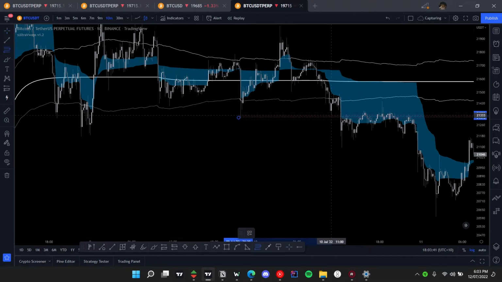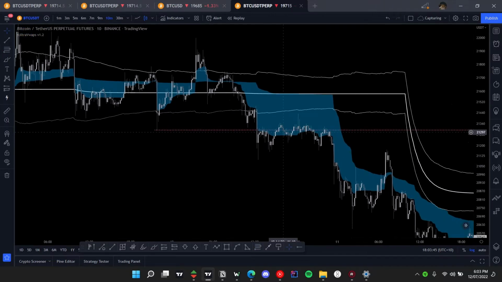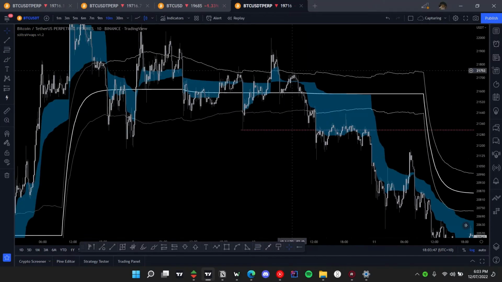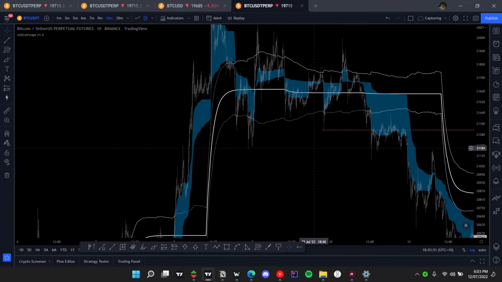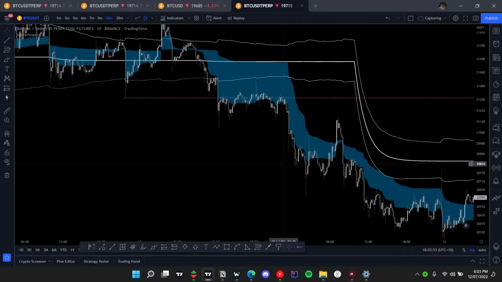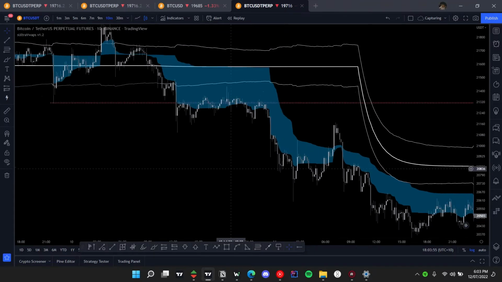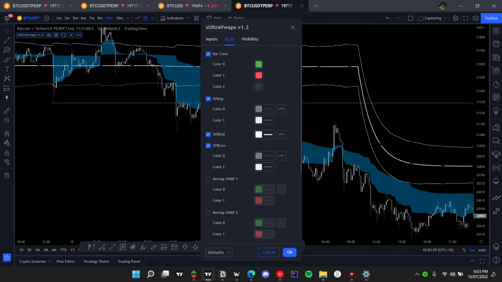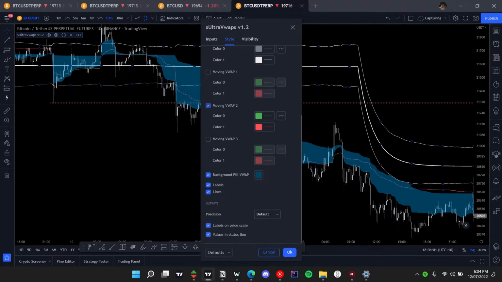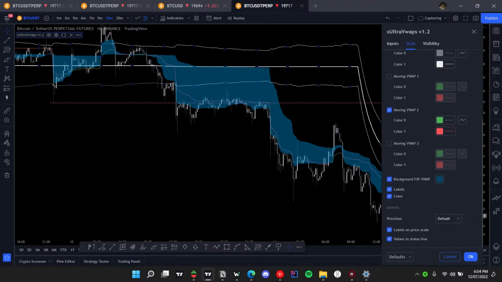Now the price broke out at this region right around here. And right now we can say that we are in a downtrend. So if you are in a downtrend, you want to short it, for which you need certain confluence.